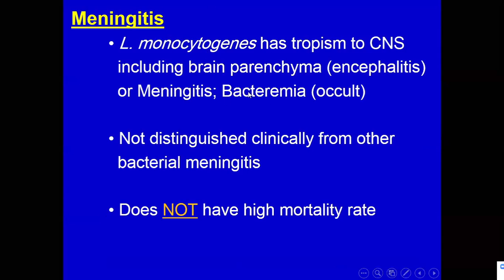And its bacteremia can sometimes be described as occult bacteremia. What is the meaning of occult bacteremia? Insidious, without obvious manifestation, as if there is nothing. This is called occult bacteremia.